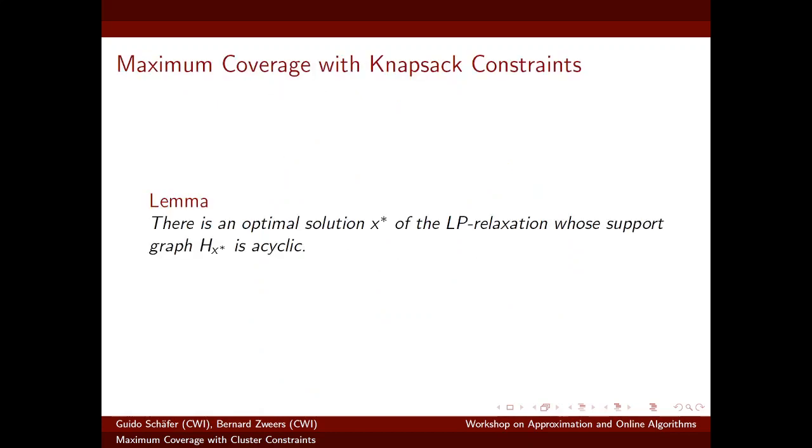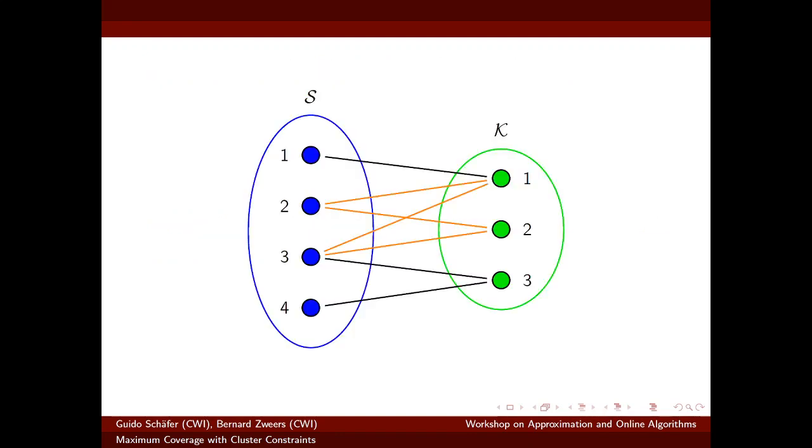Well, then we show first that there is an optimal solution to the LP relaxation whose support graph is acyclic. Consider this example. Here we have a cycle. But what we can do is that we just shift the same amount of contribution, for instance, according to these arrows.